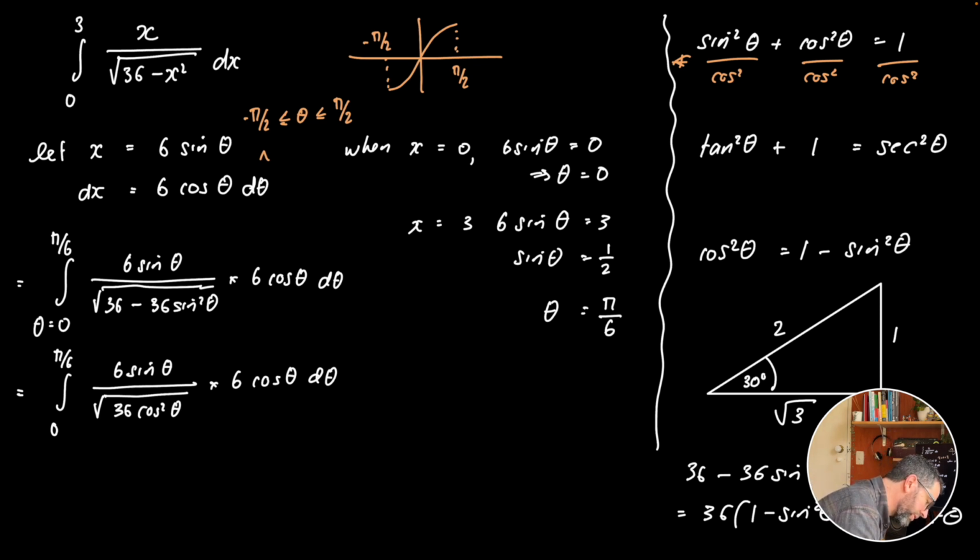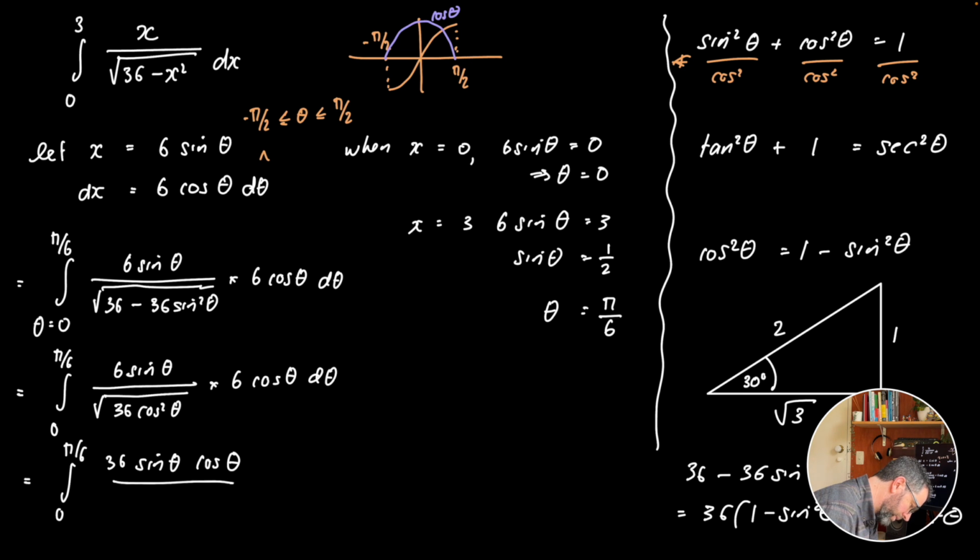So that means that if we look at cosine theta in the same region, that looks like this. And so it's always going to be positive, which means that my square root is going to give me 6 cosine theta. So that equals the integral from 0 to pi over 6 of, let's combine all together, 36 sine theta cosine theta divided by 6 cosine theta, because that's going to be positive, d theta, and you can see that there's going to be a little bit of cancellation.